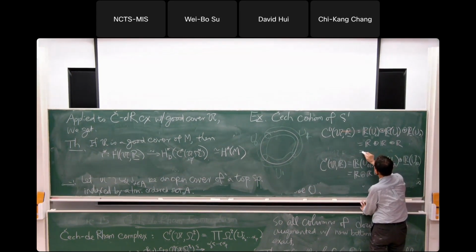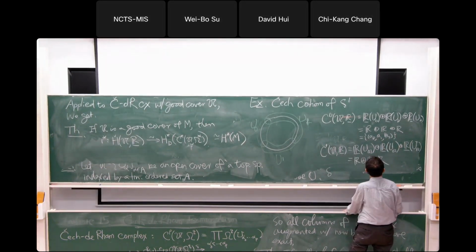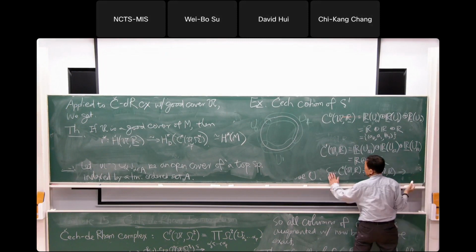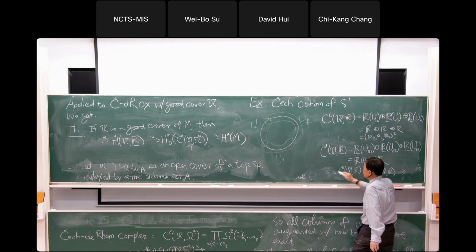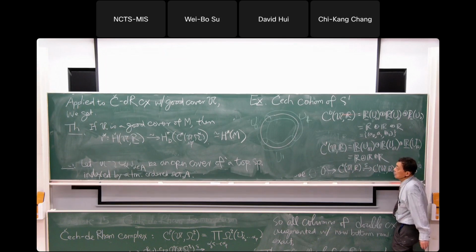And so let's call these constants A0, A1, A2. And then we have delta from C0 to C1. And this is the complex, right? You have to calculate the cohomology of this.